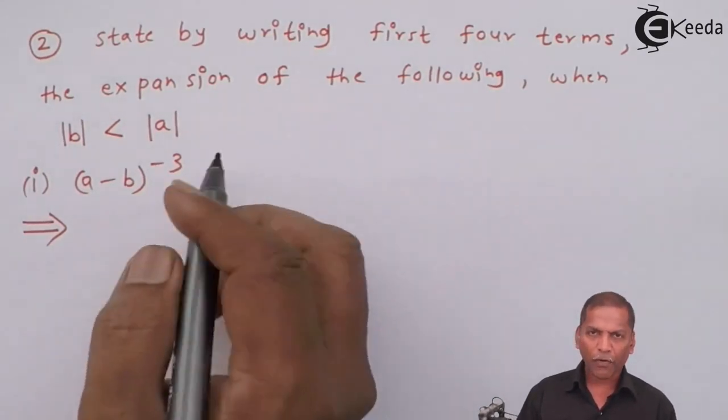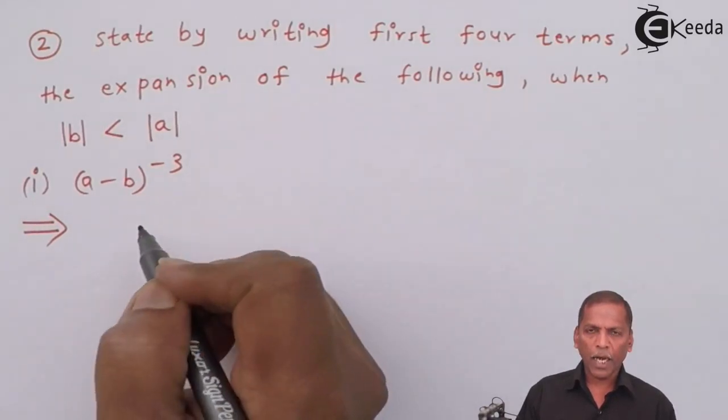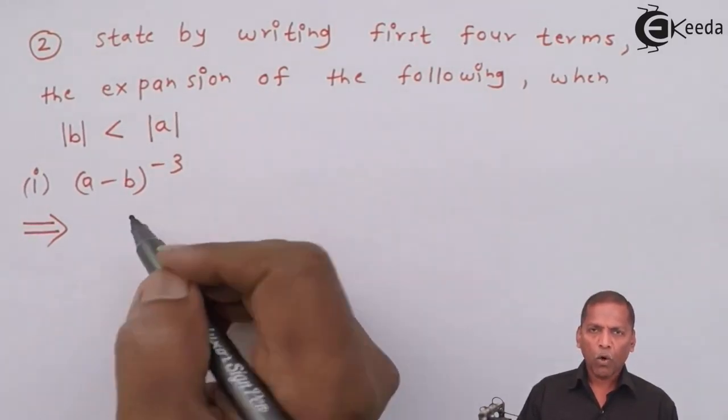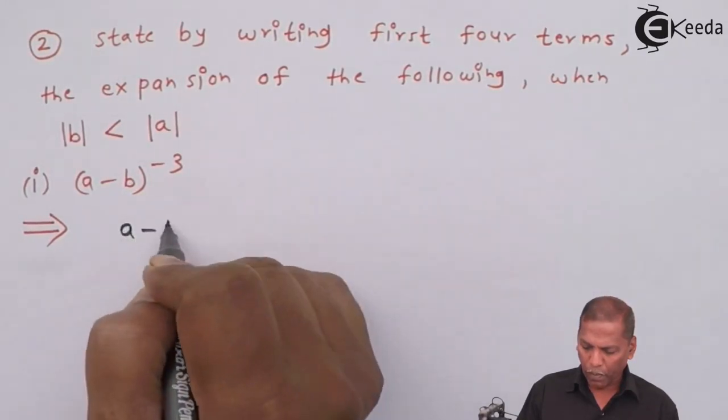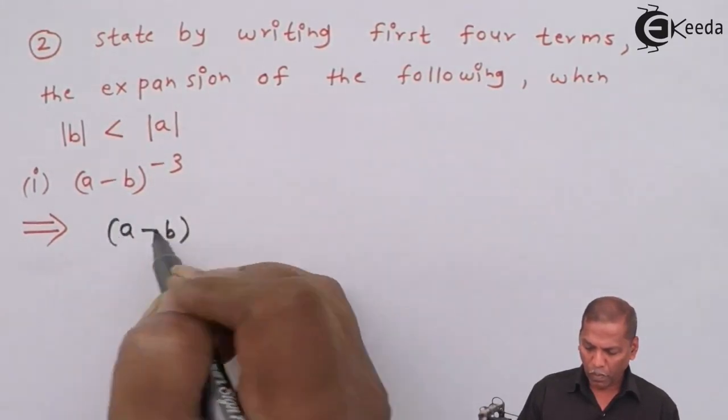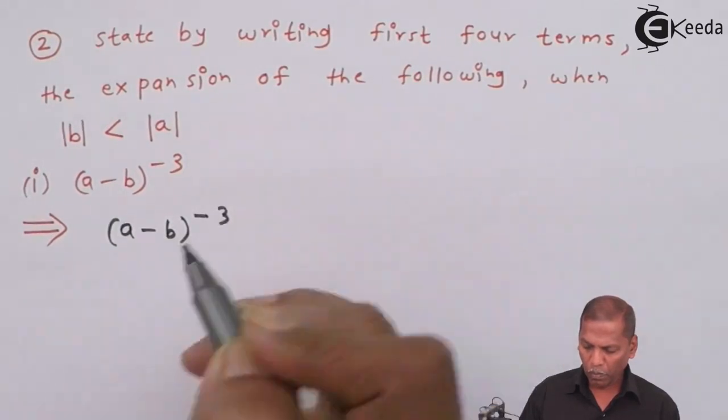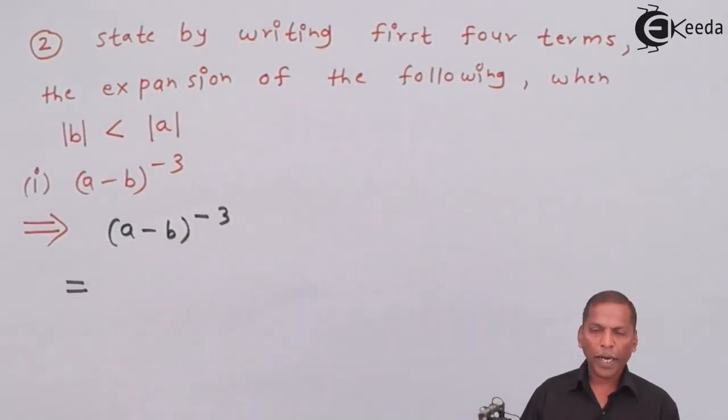First of all, we start with the question (A minus B) whole bracket raised to minus 3. The next step will be, now here we take A common from the bracket.